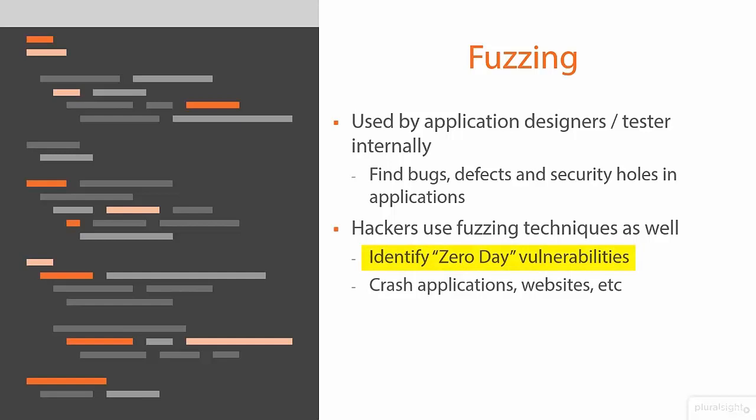And zero-day, as you know, is a vulnerability that's been found where there is no patch yet available. So it's that interim period between when something's found and when the actual manufacturer or the developer creates a patch for it. That limbo period when there's no fix, that's a zero-day vulnerability. Or they can use the techniques to crash applications, to crash websites, or to try to get in and bypass some of the security controls that have been put in place.